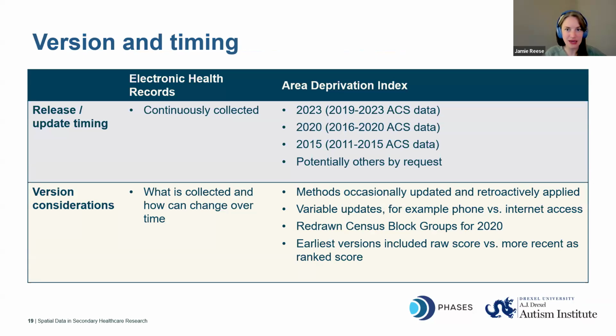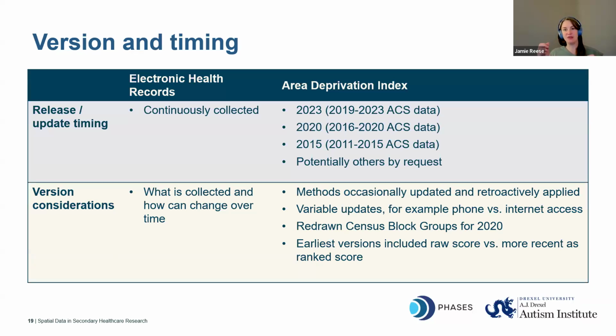Someone wrote in the chat about timing. This is a really good example. When we go and think through electronic health records as the project data, area deprivation index as the external data, when it comes to timing, we have to think about the sort of alignment between the two.